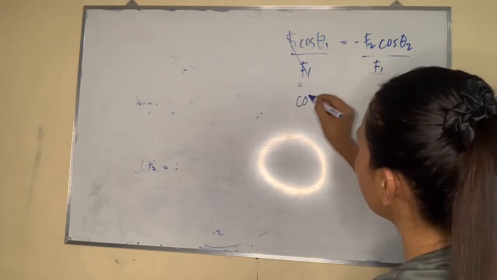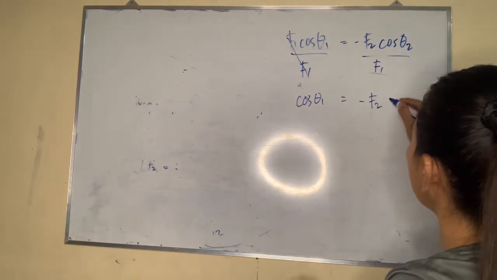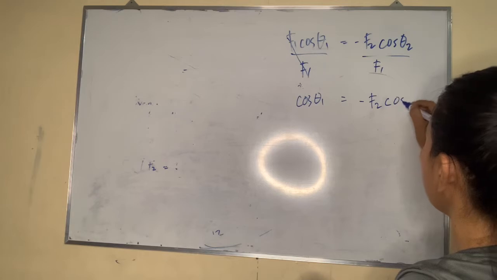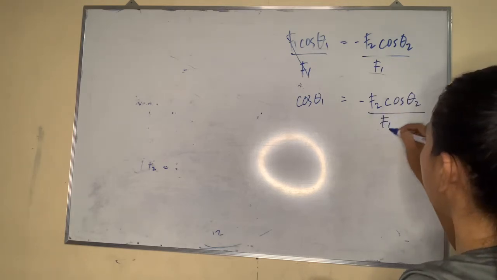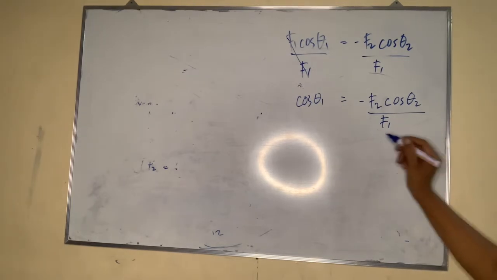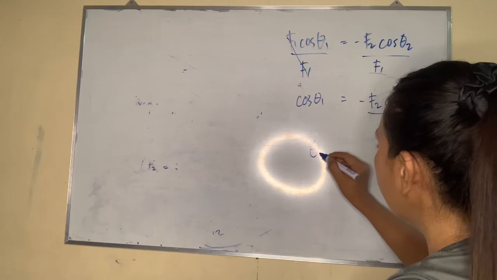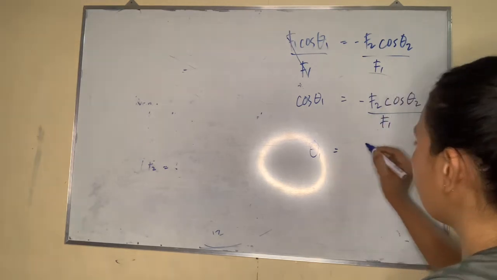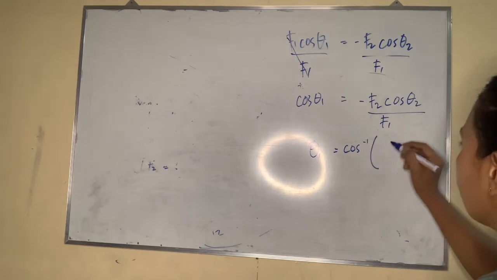So your cosine theta 1 is equivalent to the negative of F2 times cosine theta 2 divided by F1. Then theta 1 is equivalent to the cosine inverse of this.